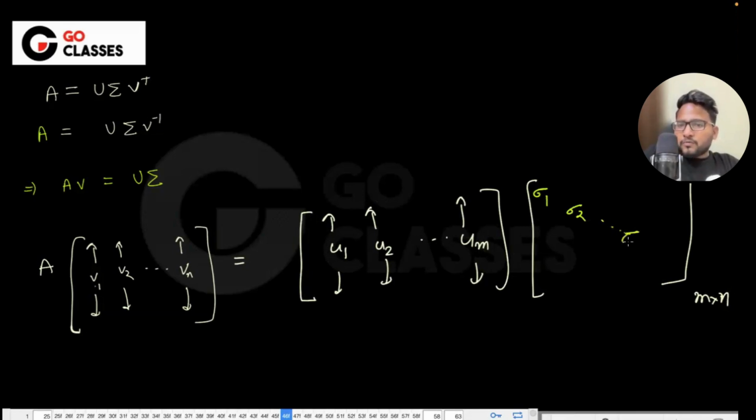Let's suppose the number of non-zero are just up to sigma R. After that, let's suppose everything is zero. Doesn't really matter. Is this fine to everyone? So here R is the rank of the matrix, or in other words, the number of non-zero singular values.